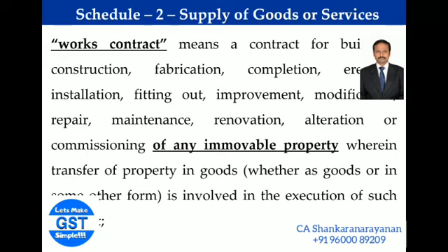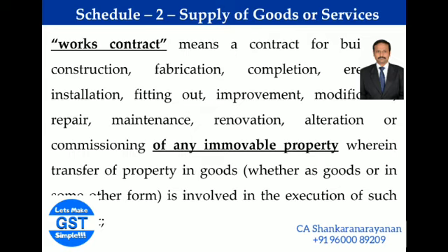So in works contract, there are three elements. There is goods, there is service, but there should be an involvement of immovable property also. It should be for immovable property. Then only it is considered as works contract. But that was not the case in the old law. In the old law, wherever there was goods plus service, it was called works contract. Not in GST. This is the basic difference.